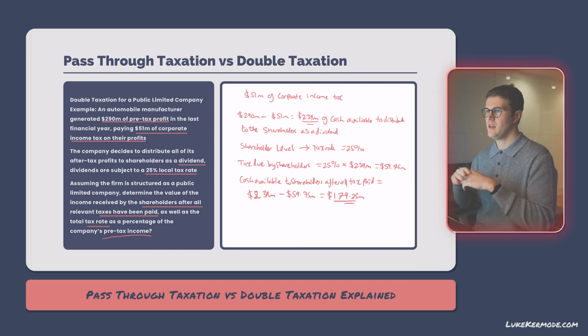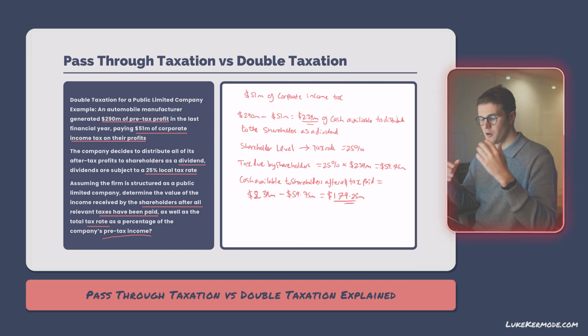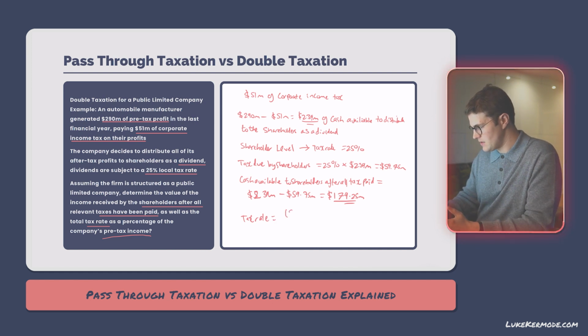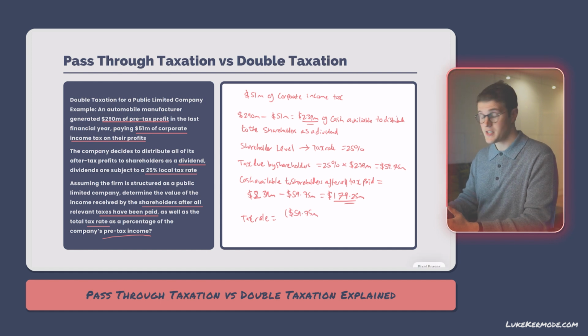Part two, what's the blended or total tax rate as a percentage of the company's pre-tax income? So the tax rate is equal to all the tax that's been paid. So that is 59.75 million, which is the shareholder tax that's paid on the dividends, plus the 51 million paid by the company.